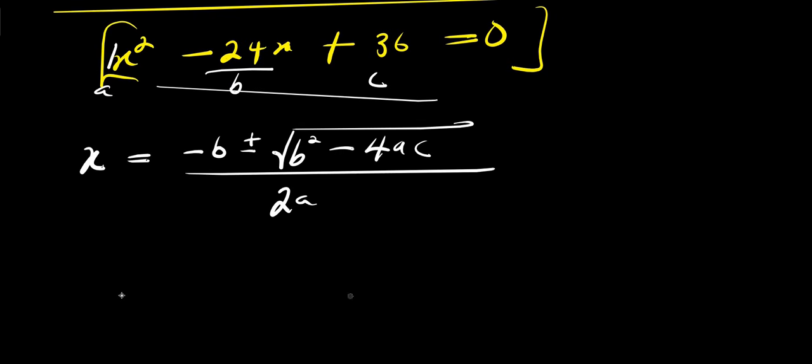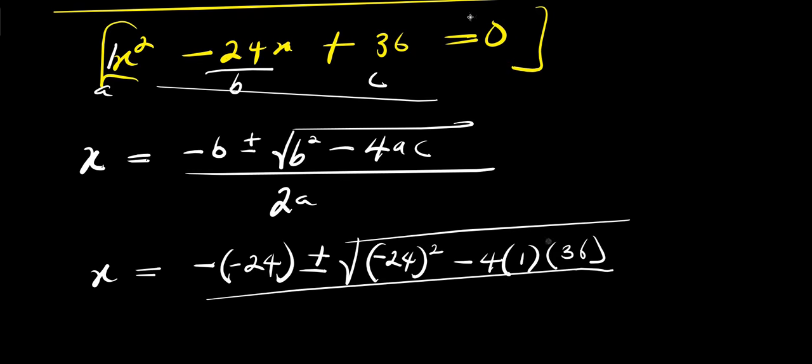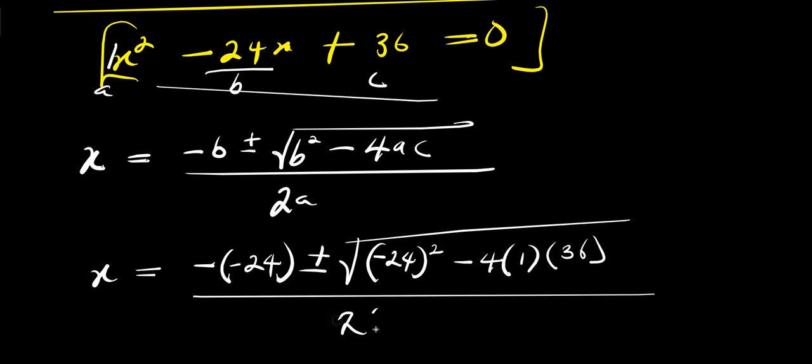So from here, we have x equals negative times negative 24 plus or minus square root of negative 24 to the power of 2 minus 4 times a, that is 1, times c, that is 36, divided by 2 times a, that is 2 times 1.